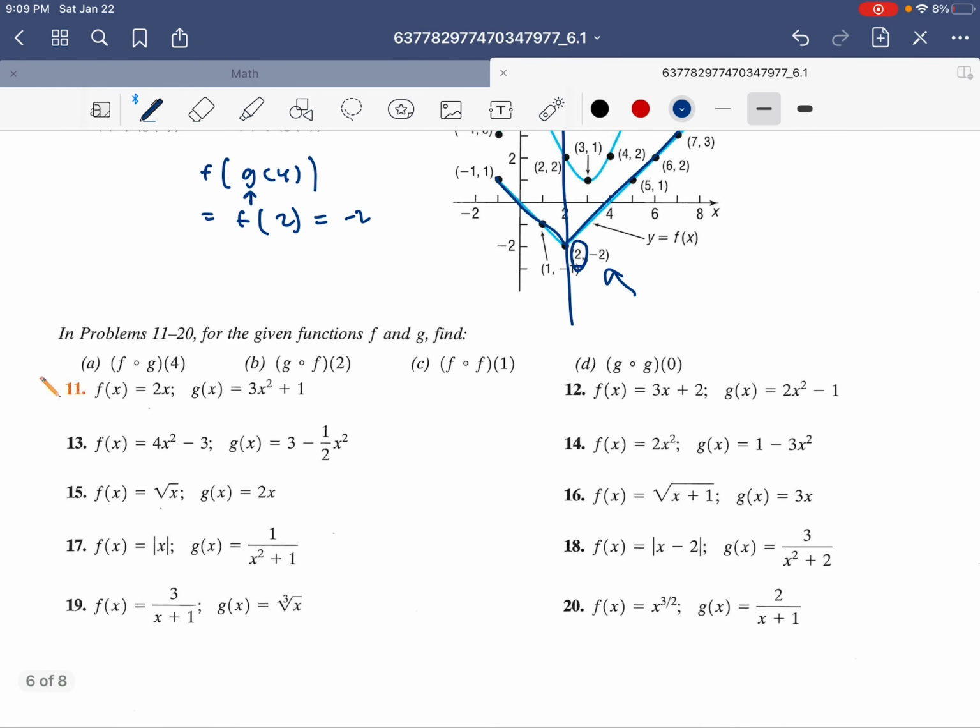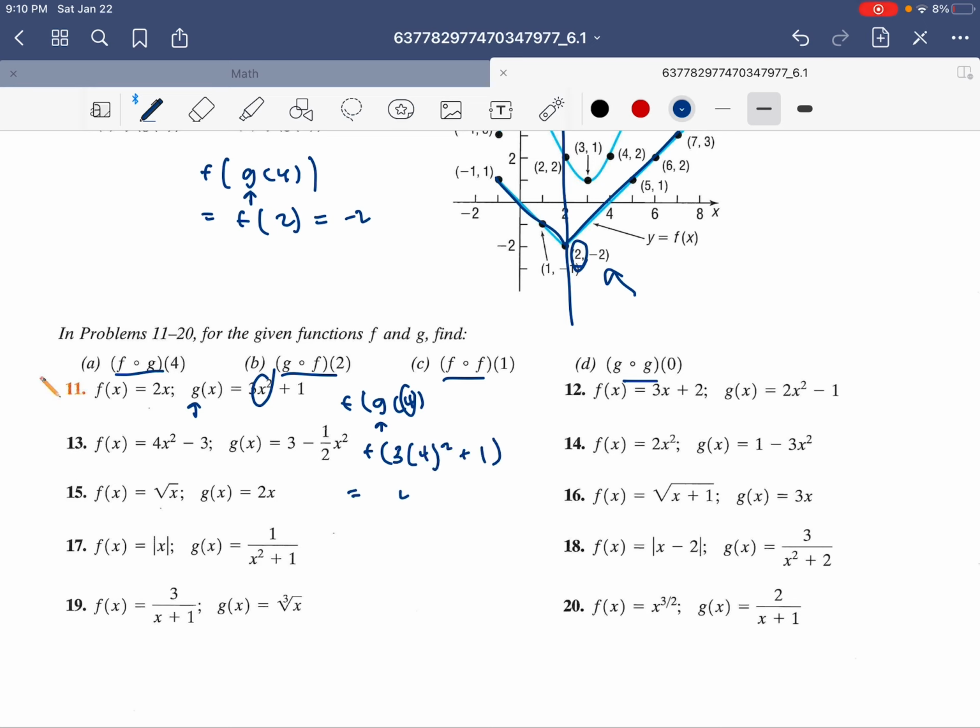So for the next section, for each one we have to find f of g, g of f, f of f, and g of g. So for number 11, for the first one we have f of g(4). When we look at g here, we plug our new x into here. So you get f(3(4) squared plus 1).